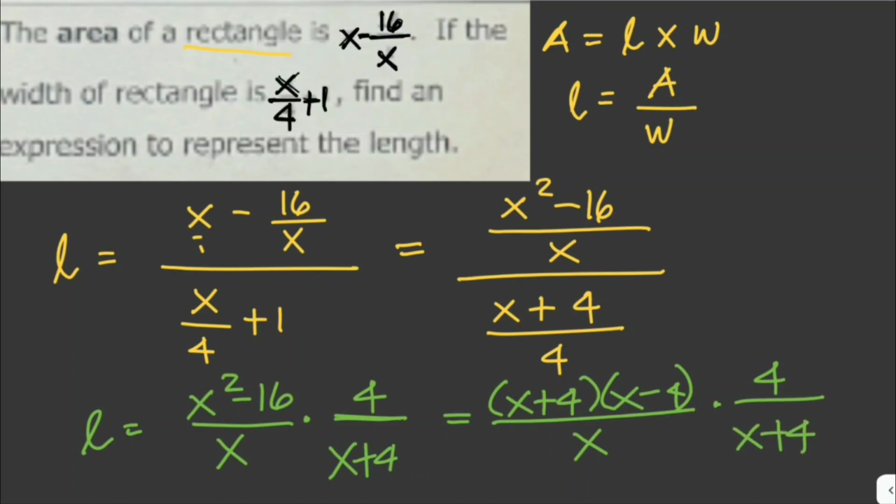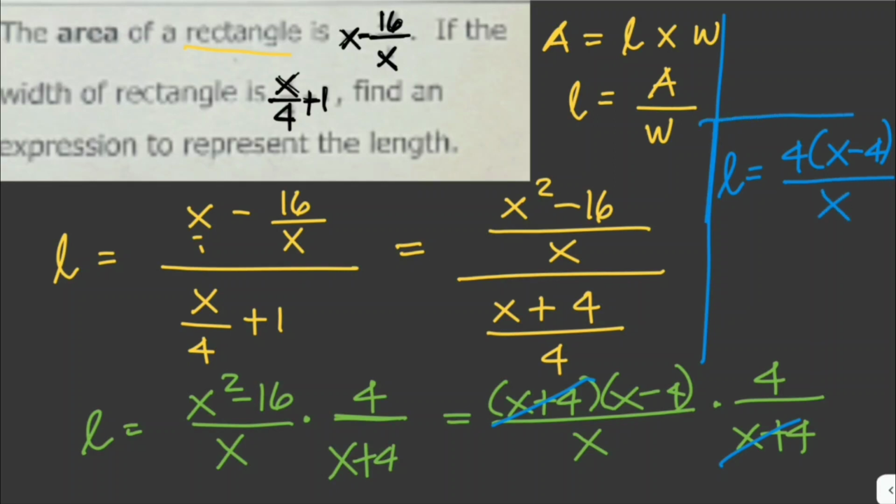Then we can simplify this further. We cancel out x plus 4. Then we are left with length equals 4 times x minus 4 over x. So this is now the value of the length.